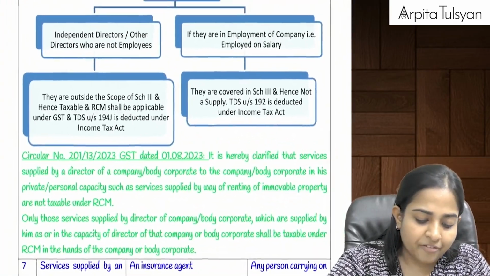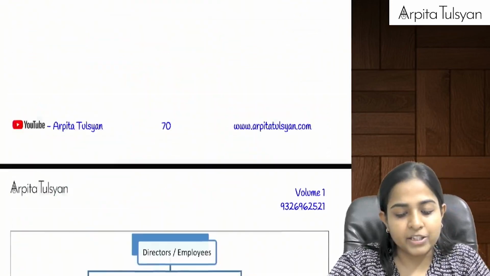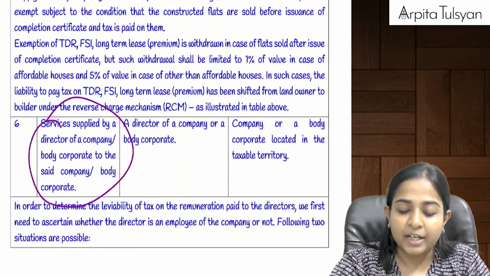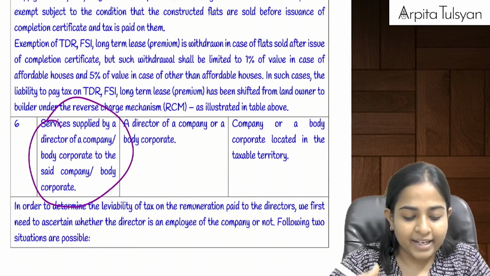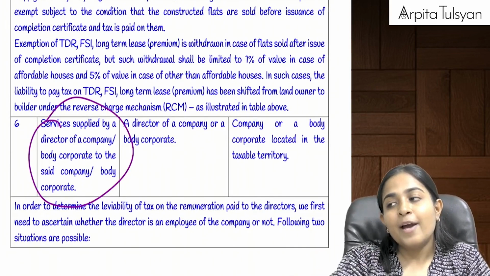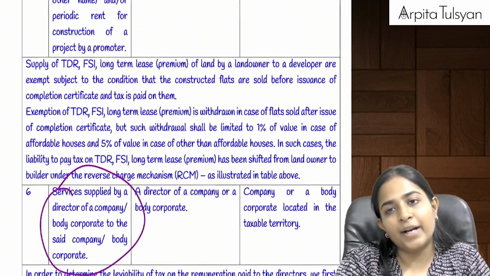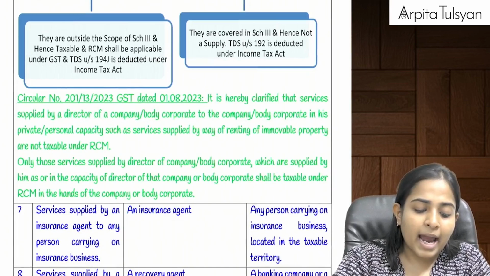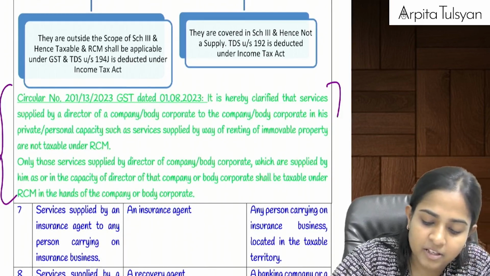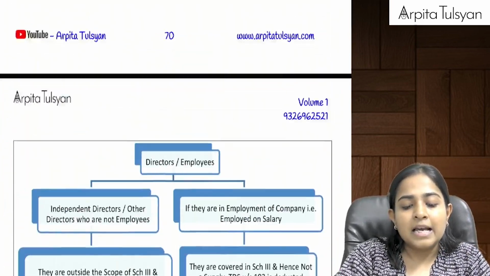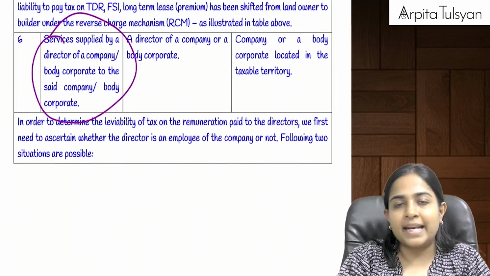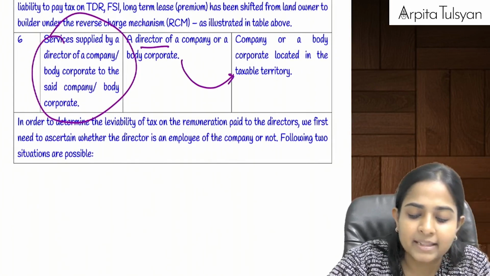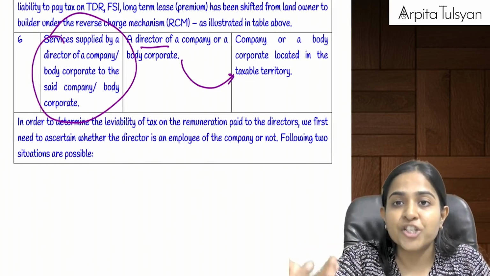Okay. Then after that, the next one. Do you recollect this point? When the services were supplied by a director of the company to the company, the director is providing his professional services to the company. Then in that case, how will the director go and take the registration, etc.? Therefore, reverse charge mechanism was applicable. And for that they have come up with a circular. Now they are telling us that this entire point of reverse charge mechanism will be applicable on the director when he is providing the services for official purposes.